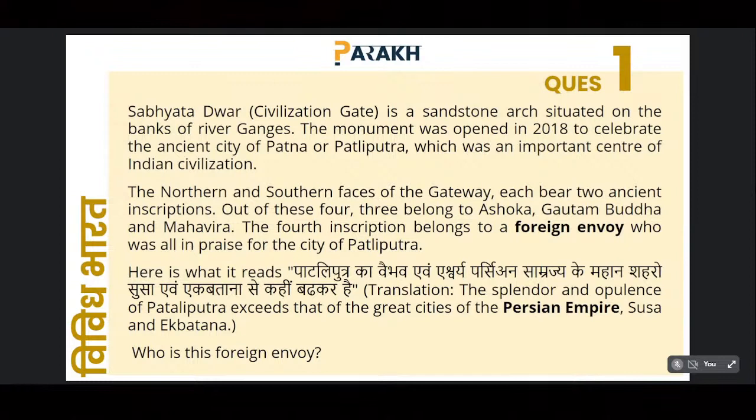Yeah, I can see the correct answer by Naman Jain. It's Megasthenes indeed. He is also famous for his book Indica, which he wrote on ancient India. Move to the next slide, please.